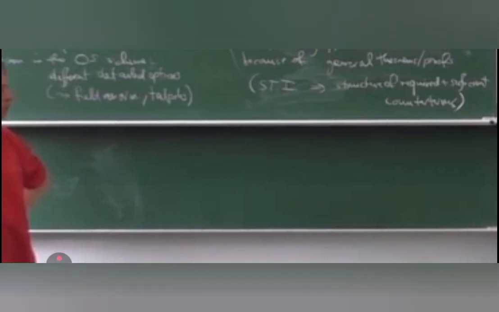Okay, and here the structure is such that it can be generated from the typical renormalization transformation of fields and parameters, and that will be our starting point.